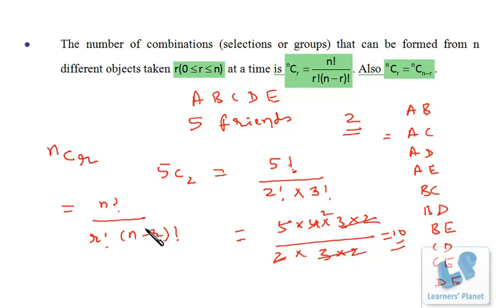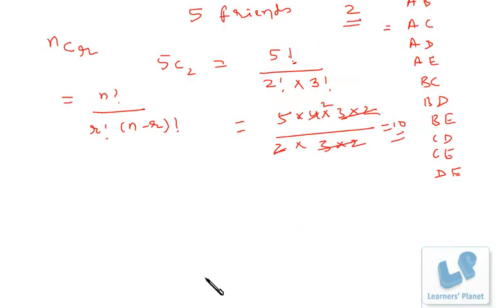See, I won't tell you the derivation over here because it will be really a time consuming process. You just memorize this formula, that is nCr is equal to n factorial by r factorial into n minus r factorial, right? So this is the selection only, right? So this is the first thing.